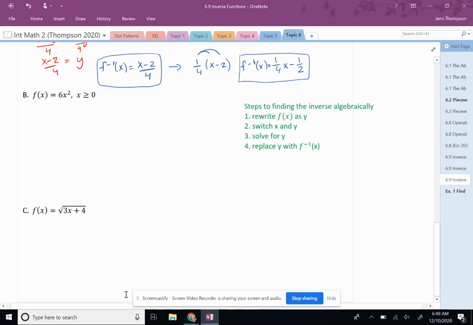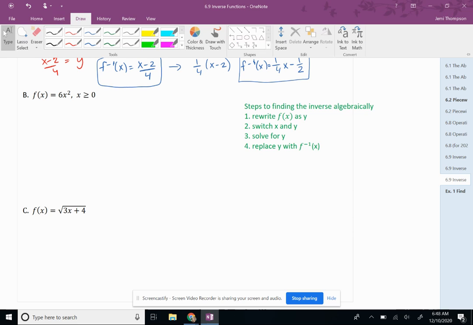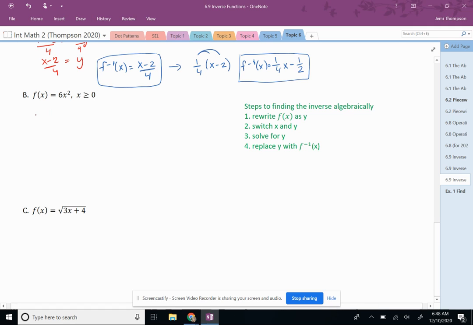Okay, so I've got my f of x equals 6x squared. I'm going to replace f of x with y, exchange the positions of x and y, and then solve. If I look at my order of operations again, is there anything to add or subtract first?